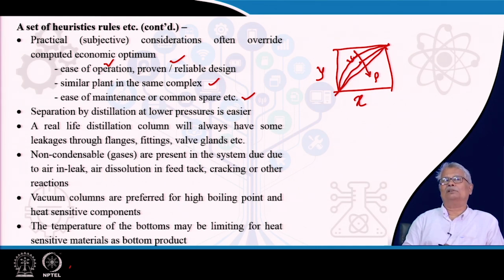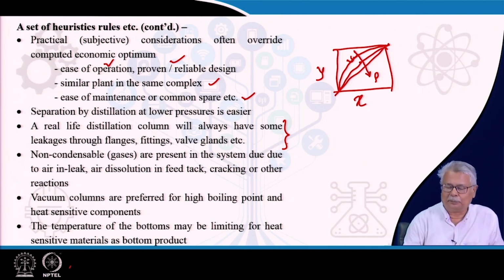So the next point that we have to say is, you will have the non-condensable gases that are present in the system due to either air inleak, air dissolution in the feed tank, cracking, or other reactions.